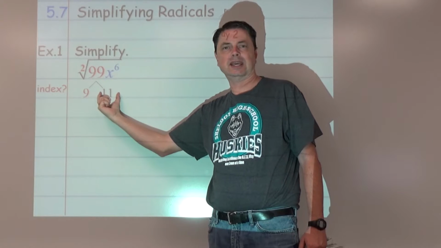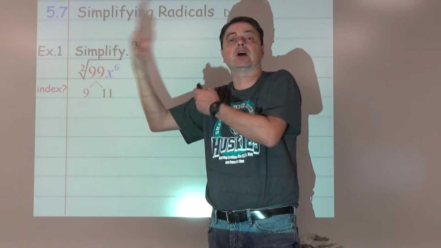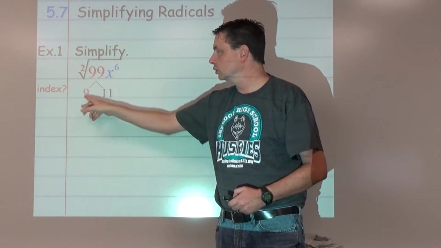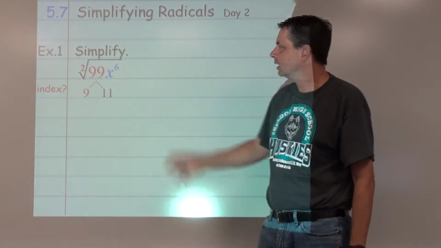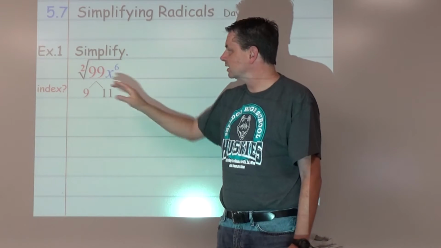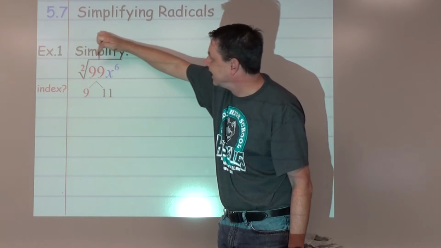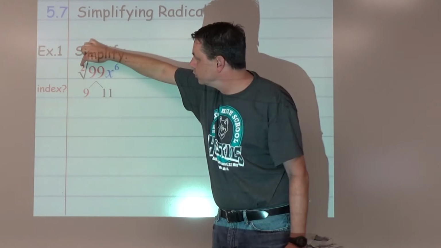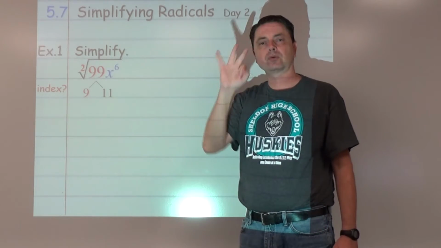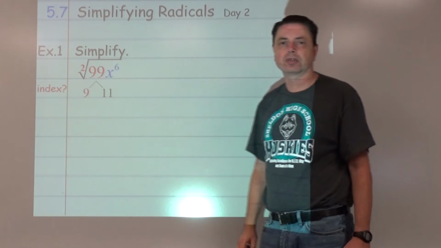This we can't do, so that's going to stay inside the root. We're going to continue along and see if there's anything else that comes outside of the root with that 3, since we were able to take the square root of 9. The way that we do this with the exponent part: take the index and divide it into the exponent. 2 goes into 6 3 times, so out comes x to the third power.